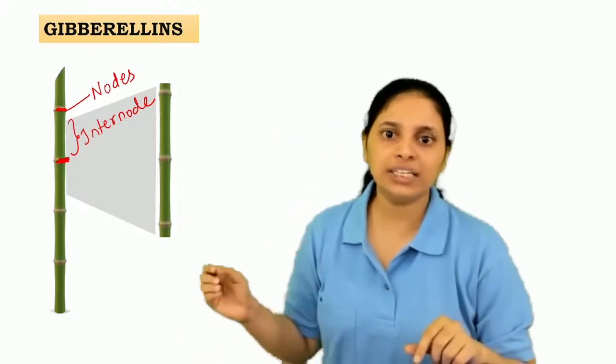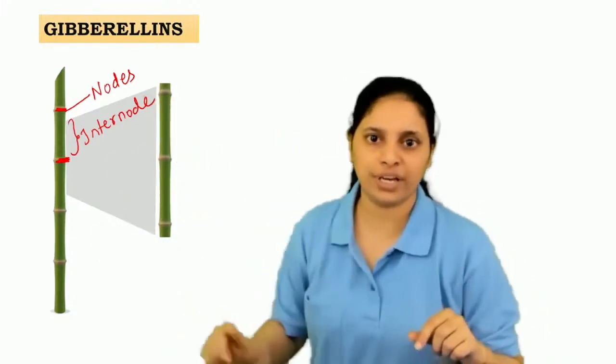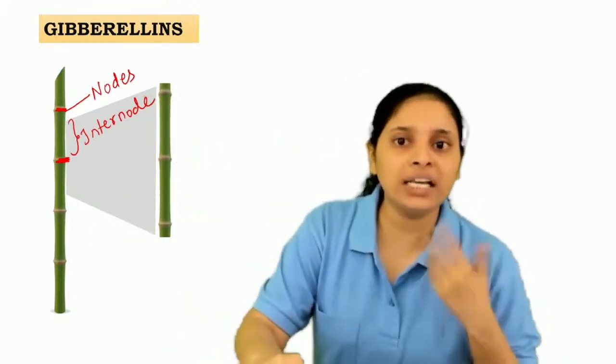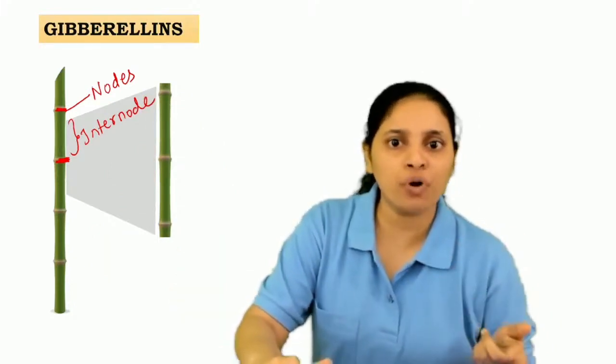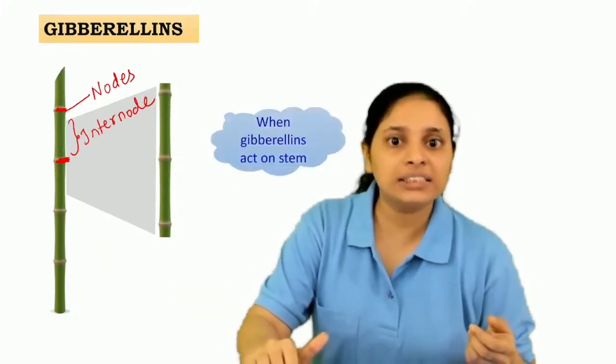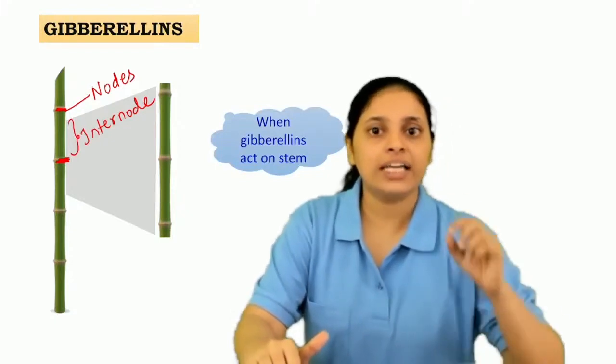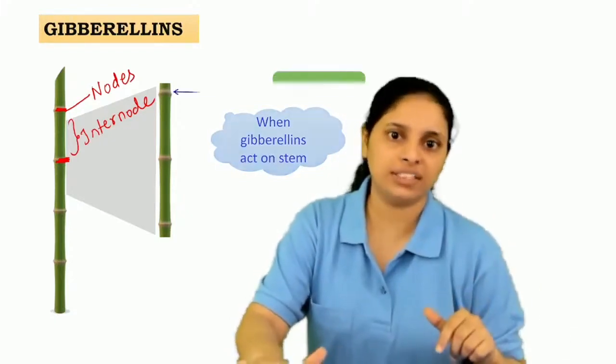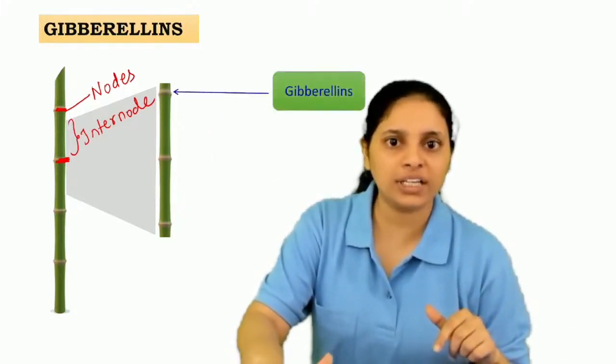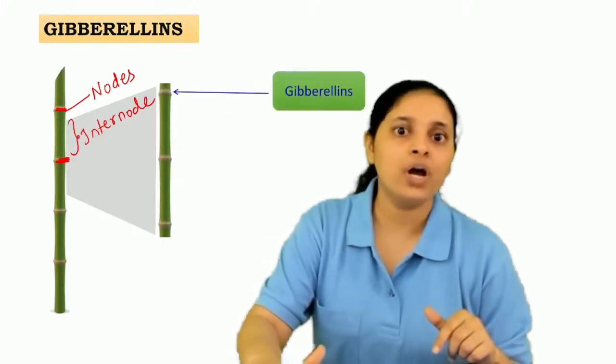So here you can see a part of this huge stem. As the gibberellins are produced in more quantities, this will result in elongation of the stem. So gibberellins will act on the stem and they will lead to elongation.